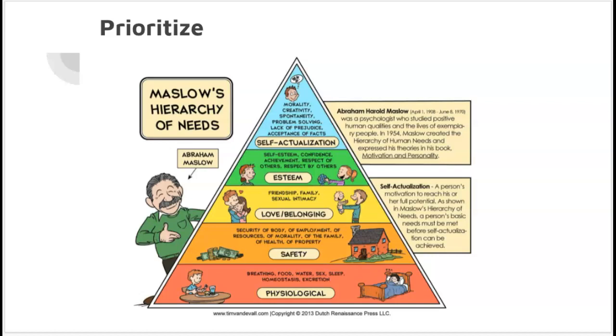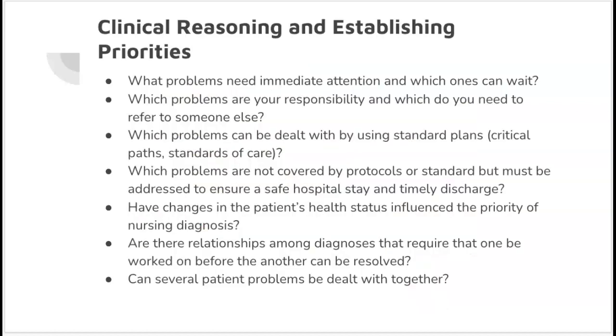And this is why there's always an ongoing planning and outcomes, because whatever's going on with the patient, things can change pretty quickly. And so any nurse that interacts with this patient can begin to make a plan and prioritize for the best outcomes. So this is a list of ways that you can use clinical reasoning to establish your priorities.